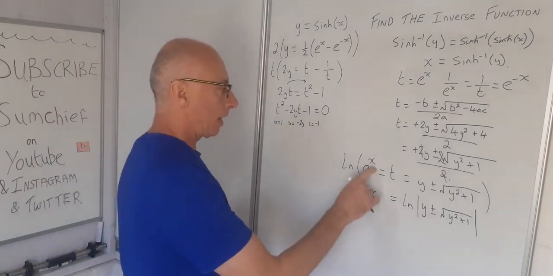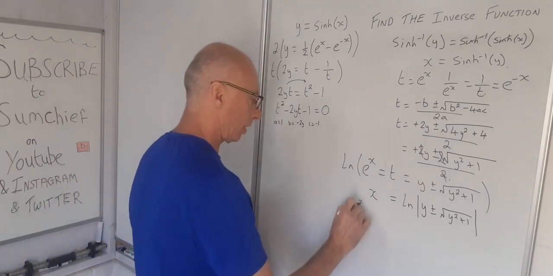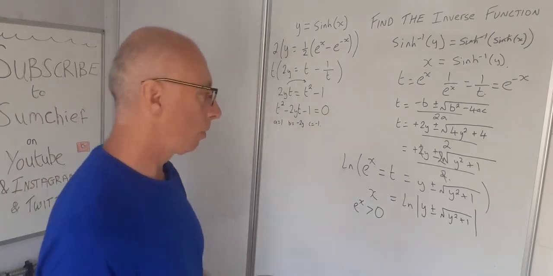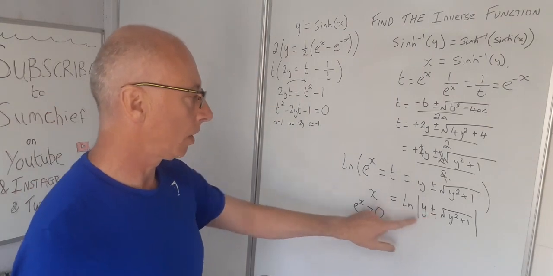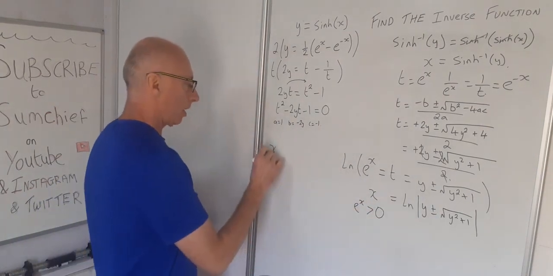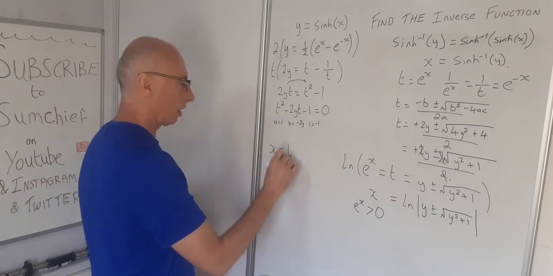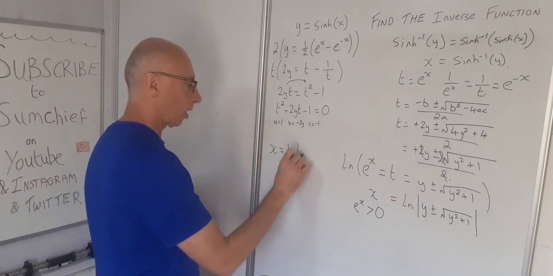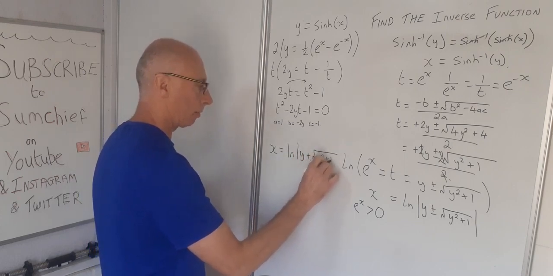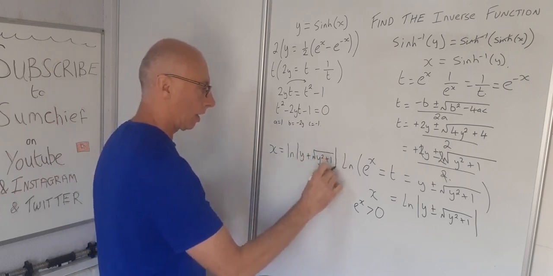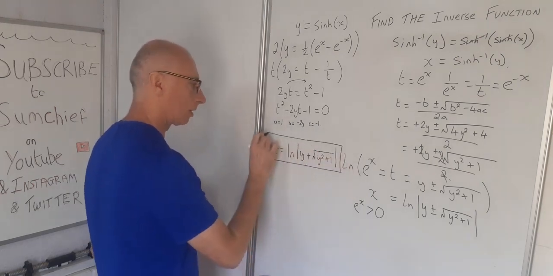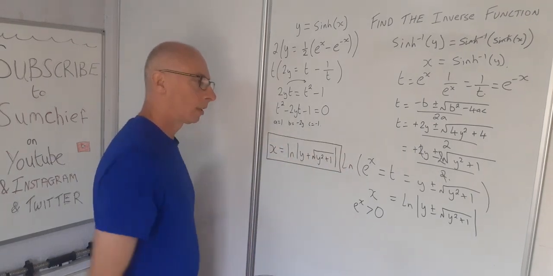So as e to the x is always greater than 0, what we'll say is we'll just get rid of the negative term and just use the positive. So there our answer will be x equals natural logarithm of y plus square root y squared plus 1. And that will be our answer. Okay.